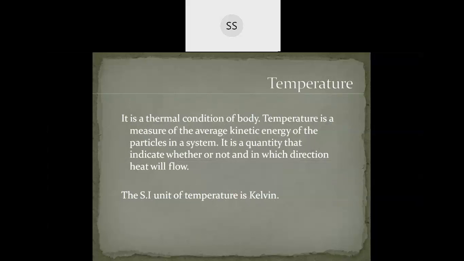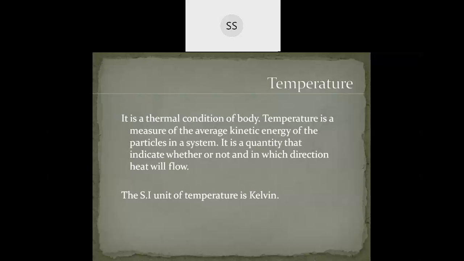So, it is a quantity that indicates whether or not and in which direction heat will flow. Heat is the main cause, and temperature is the effect of heat. So temperature is the quantity which measures whether heat will transfer or not. If the heat is transferring, then in which direction heat will transfer will be measured by temperature.